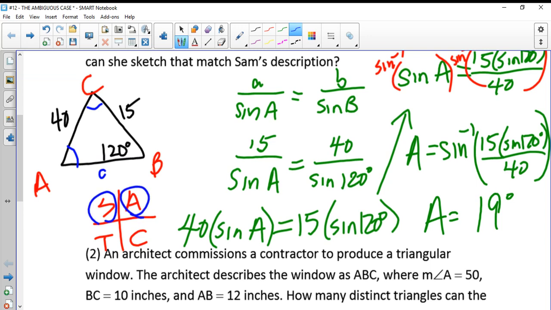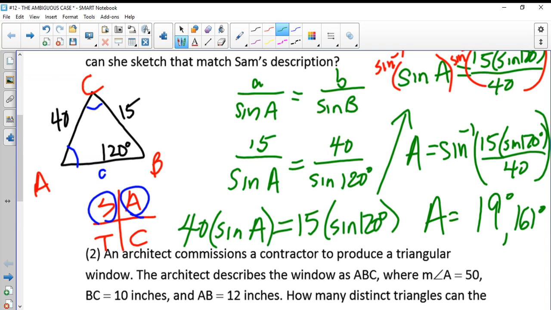So there's two possibilities. Not only is it 19 degrees, but if this is my reference angle, the angle in quadrant 2 that this could also be true for is 161 degrees. So those are two possible angle measures that I could come up with for angle A given this information.